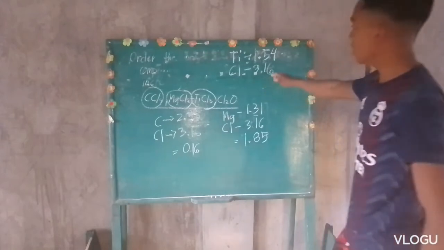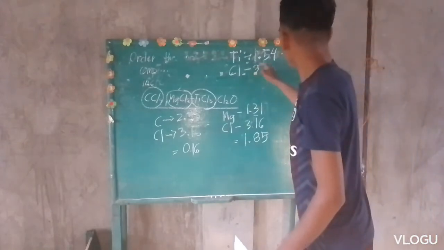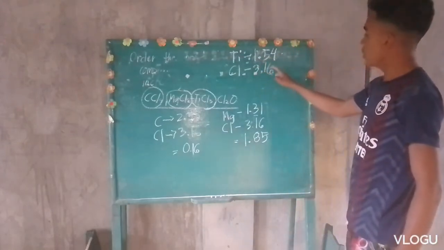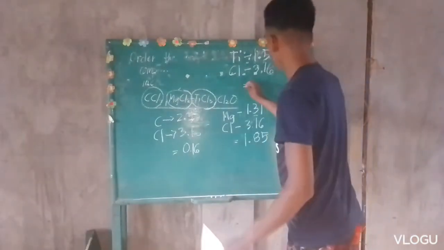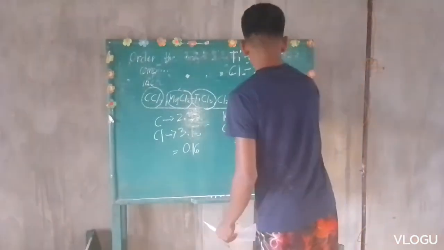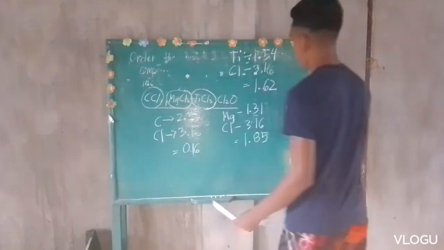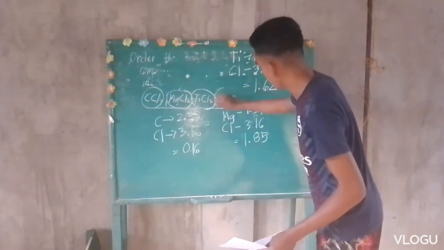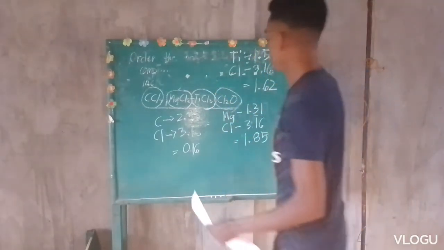So we will subtract these two. 1.54 minus 3.16 is equal to 1.62.